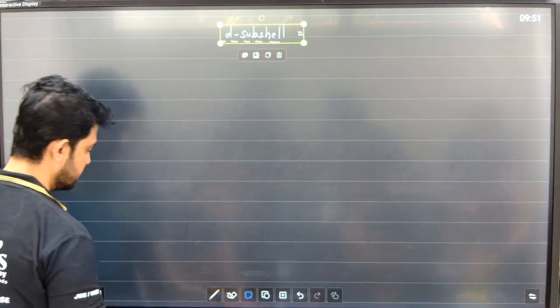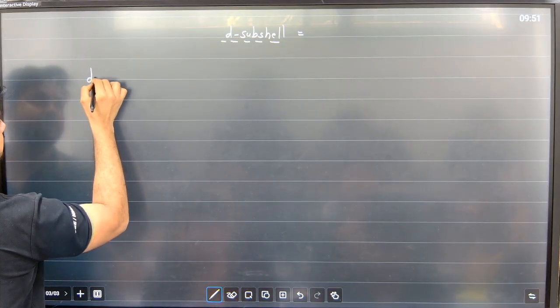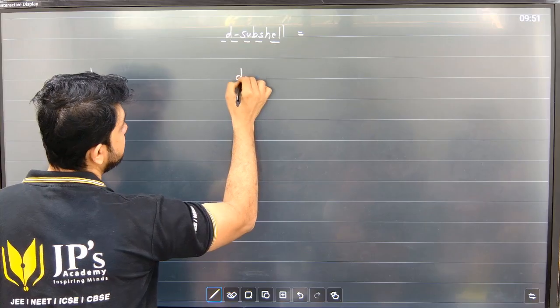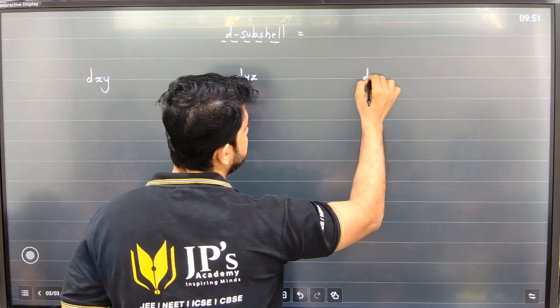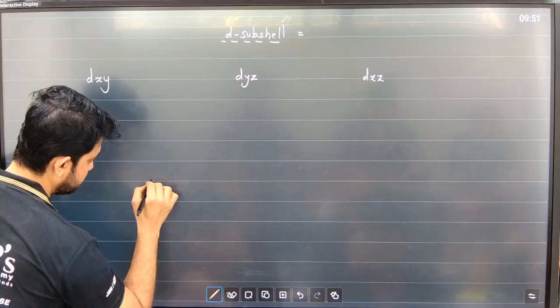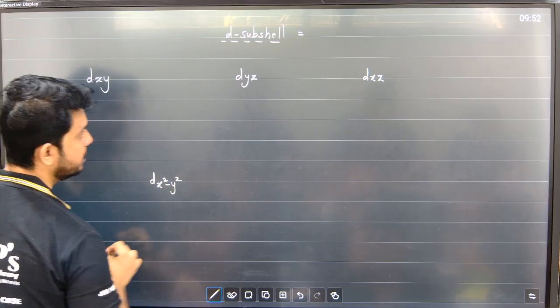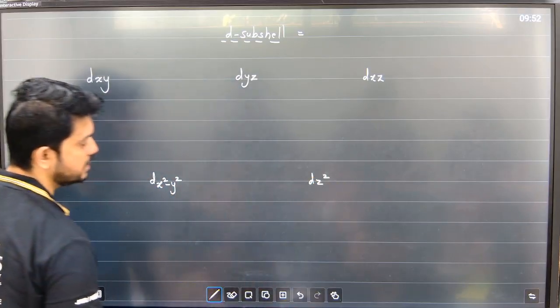The orientations are called first dxy, second dyz, third dxz, fourth dx squared minus y squared, and the last orientation is dz squared.